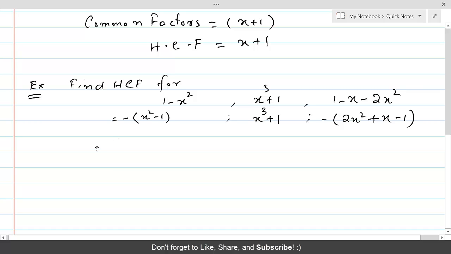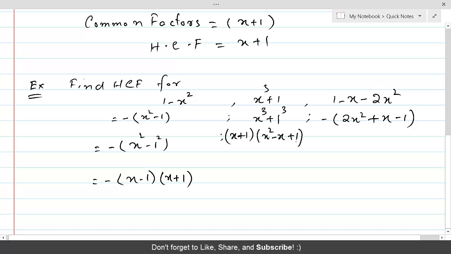So no problem there. We can write x squared minus 1 squared, and we can factorize it as (x minus 1)(x plus 1). And x cubed plus 1 is a sum of perfect cubes, and we have a formula that we will apply on this: x plus 1 times x squared minus x plus 1.